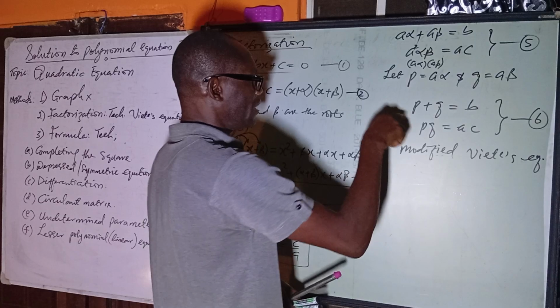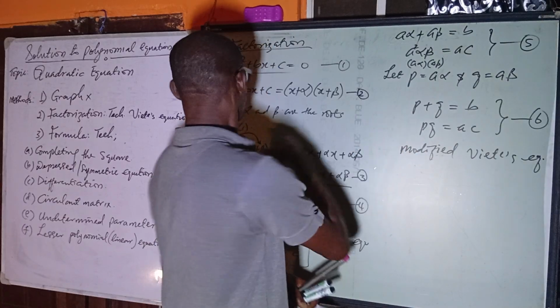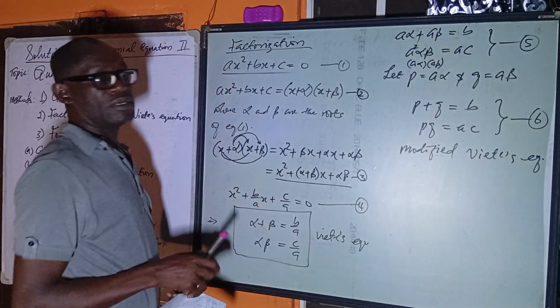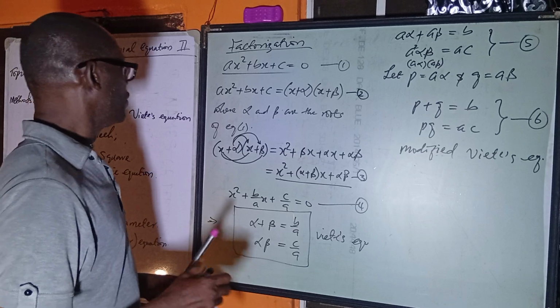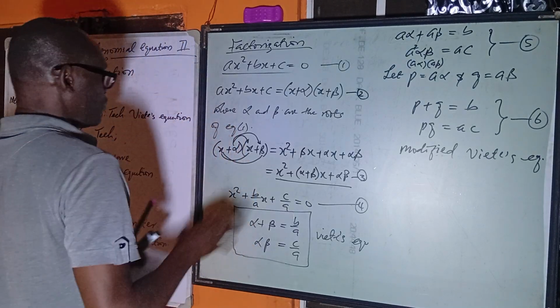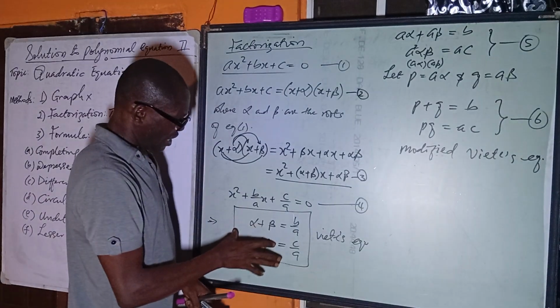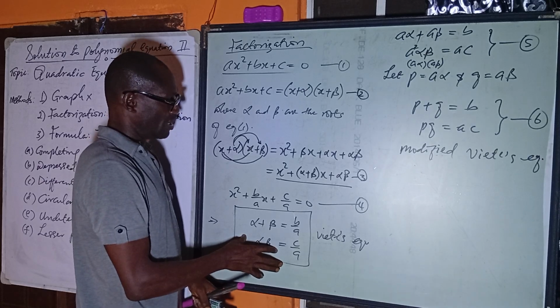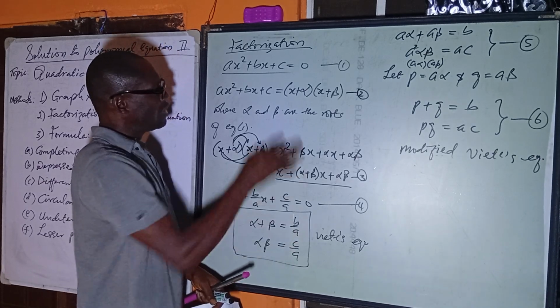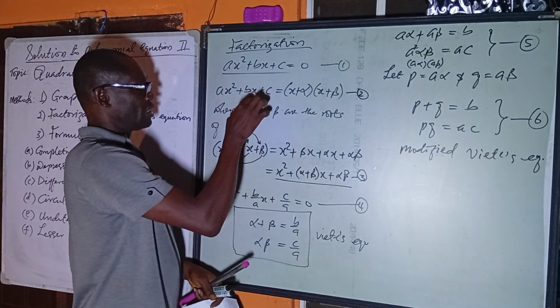I want to use this modified Viete's equation to factorize this particular polynomial. Now, remember we moved from here and we got this. Suppose I don't know this, I want to move from here to this again.